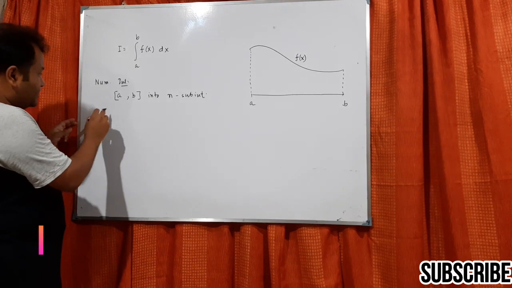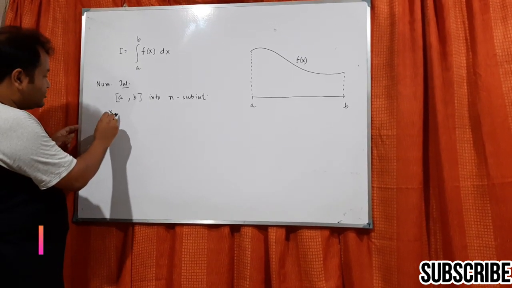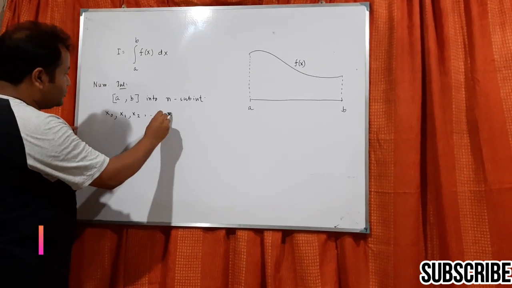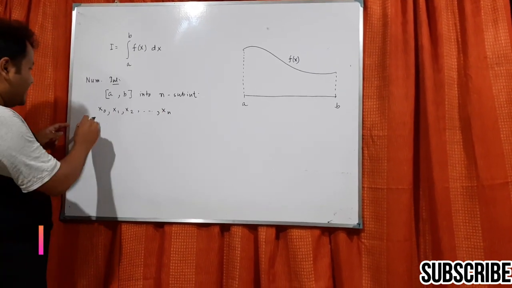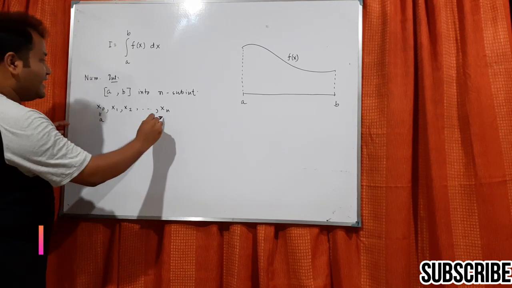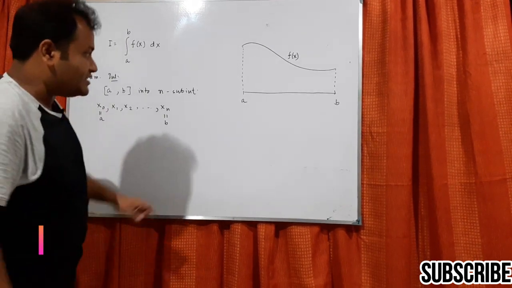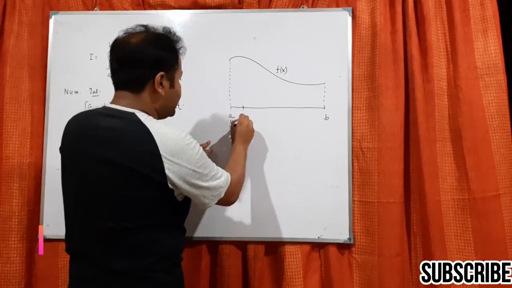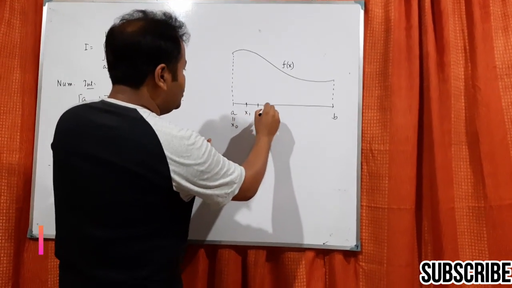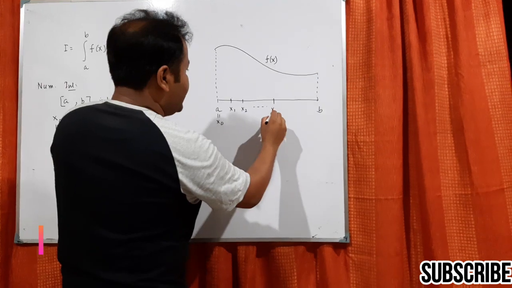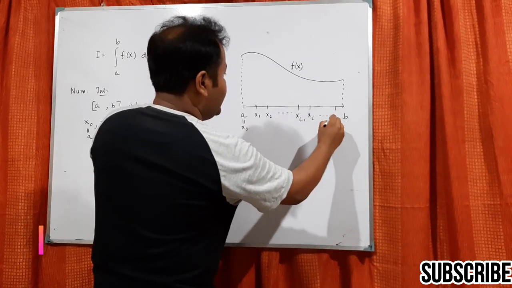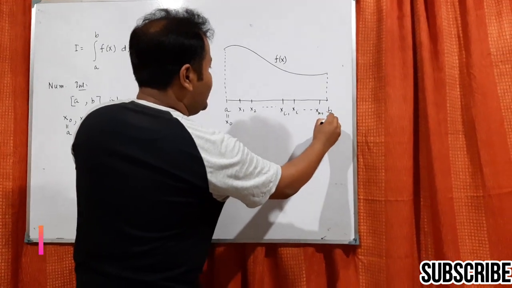The first point will be x naught, then x1, then x2, and last of all xn, where x naught is a and xn is b. So a equals x naught, the next is x1, next is x2, like this, xi minus 1, xi, and the last is xn minus 1, and b is xn.